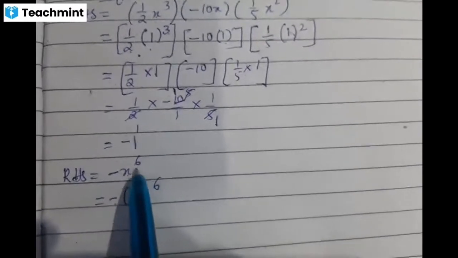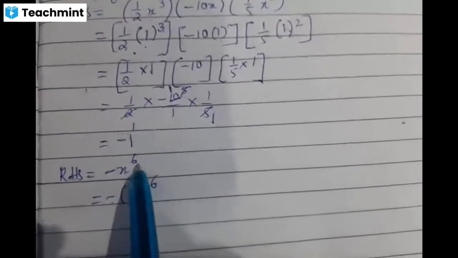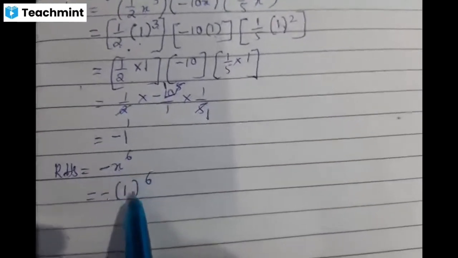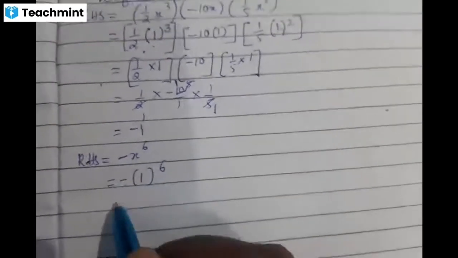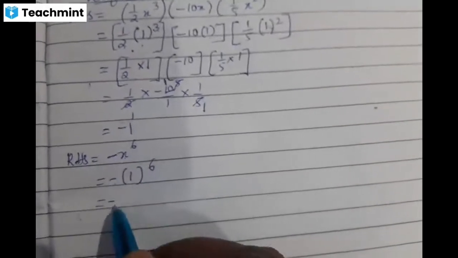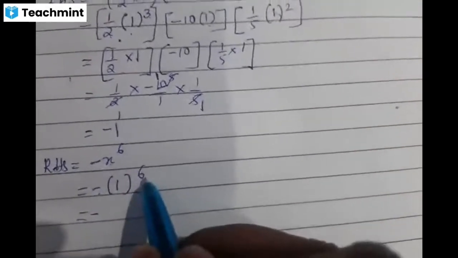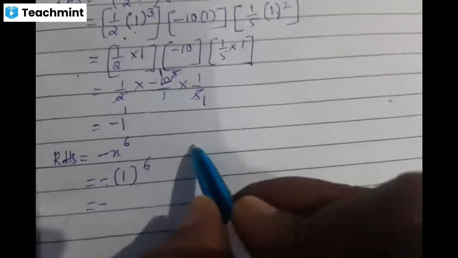The power is 6, children, only for x. So I have used the brackets here and written the power as 6. Now minus sign as it is, 1 to the power of 6. 1 multiplied 6 times, children.